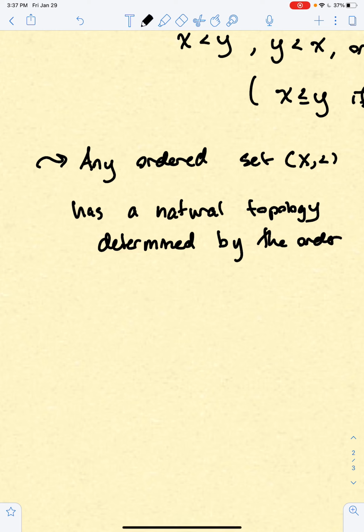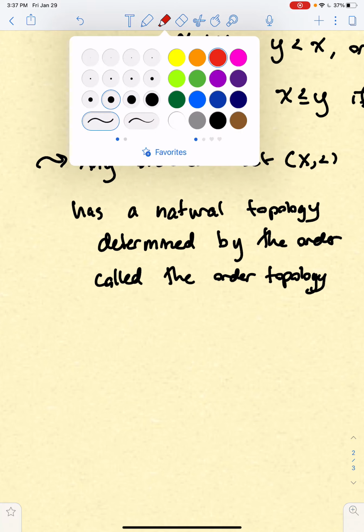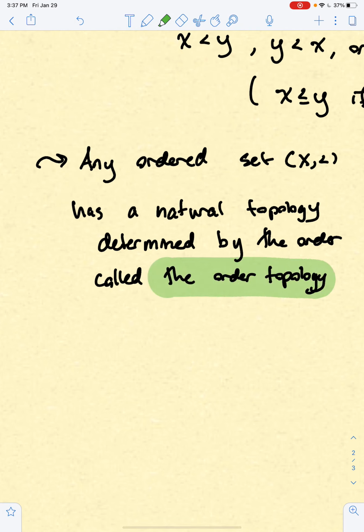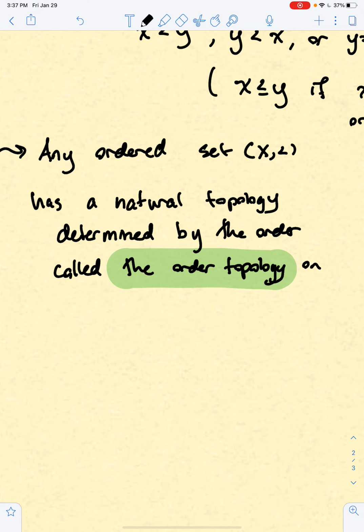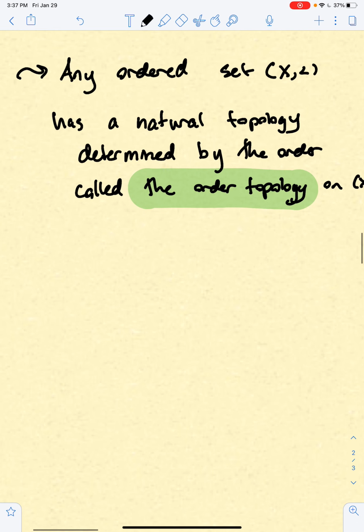And fittingly, we call it the order topology. The order topology on the set. Ordered sets are really nice because they let us talk about intervals, whatever that means.